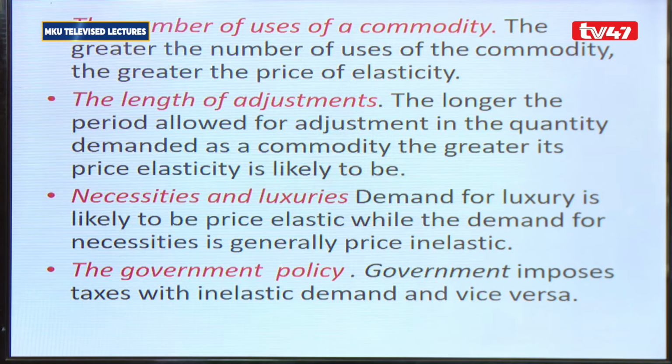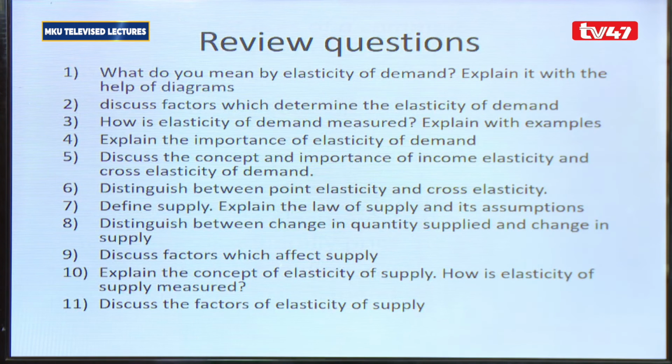They hope to trigger an elastic response, because number one, alcohol is not a necessity. It is a luxury. So it helps to trigger. But sometimes, unfortunately, since it is habit forming, if the consumer is already addicted, he's likely to experience inelastic demand. But if he's not addicted, he will experience elastic demand.